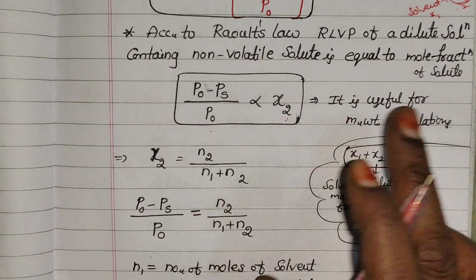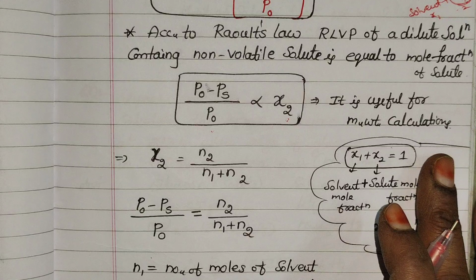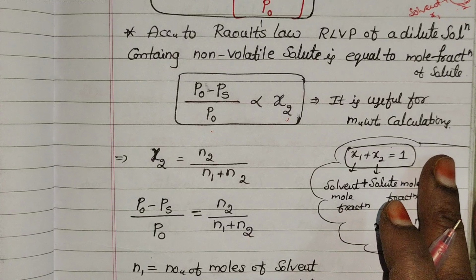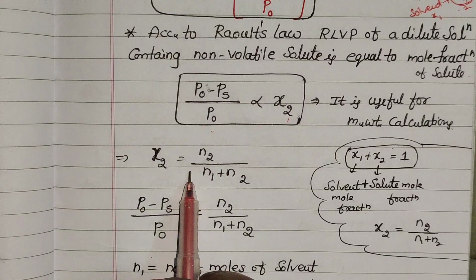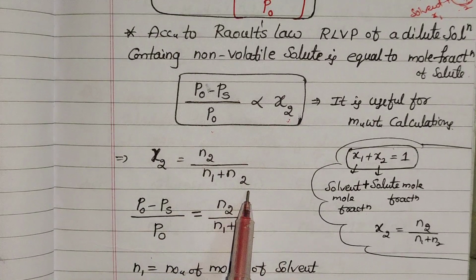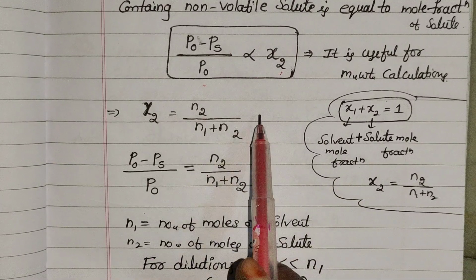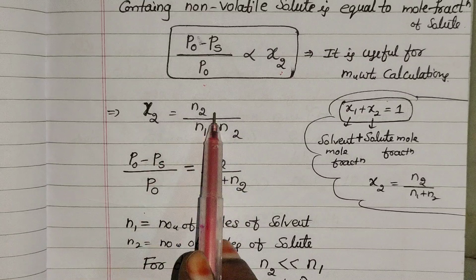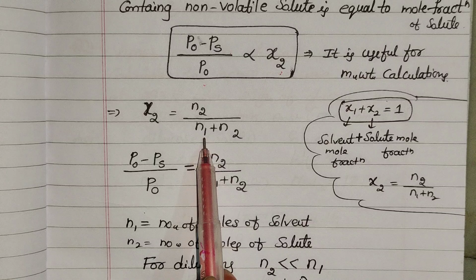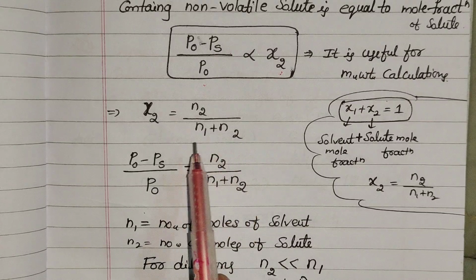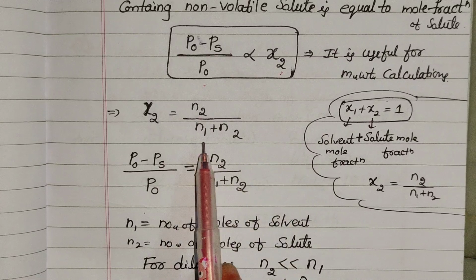Now it is useful for molecular weight calculation. The mole fraction of solute X2 equals N2 by N1 plus N2, where N2 is the number of moles of solute and N1 the number of moles of solvent.